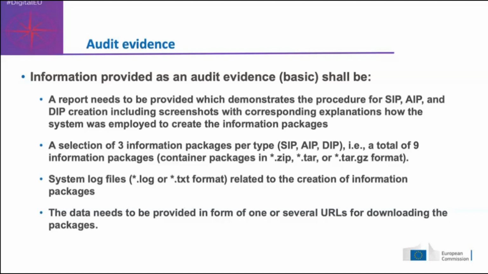So a total of 9 information packages must be sent to the committee, together with system log files, as evidence to prove that a system was used to create those files. And the data needs to be provided in downloadable form with URLs so that we can download the packages and evaluate them.